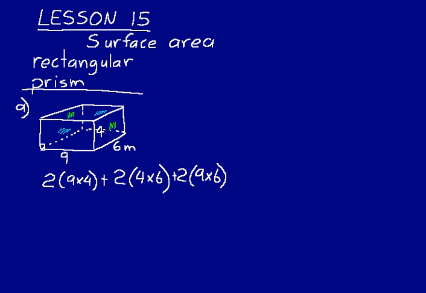Okay, so now we have all of our surfaces, and let's go ahead and do the operations we need to here. We have 2 times 9 times 4. That's 2 times 36, or 72. And then add 2 times 24, which is 48. And then add to that 2 times 54, which is 108.